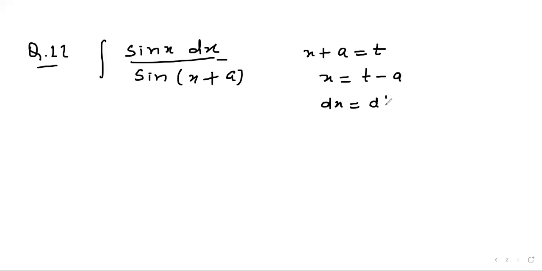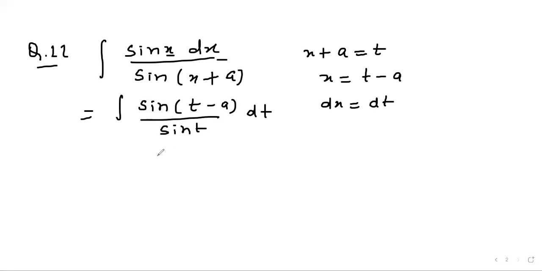So dx equal to dt, and we put value of x here. So it will become integration sine, and in place of x we write t minus a divided by sine t, and this is dt. Now we know formula sine a minus b, sine a cos b minus cos a sine b.